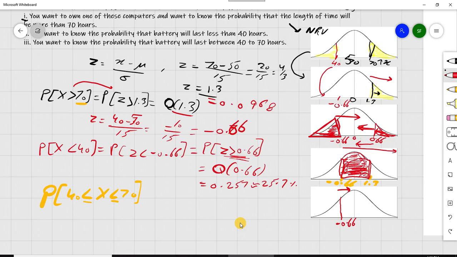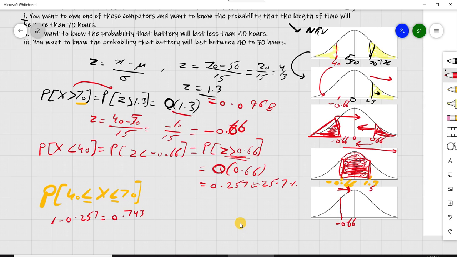So the probability before 0.66 must be 1 minus 0.257, which is actually equal to 0.743, I think.